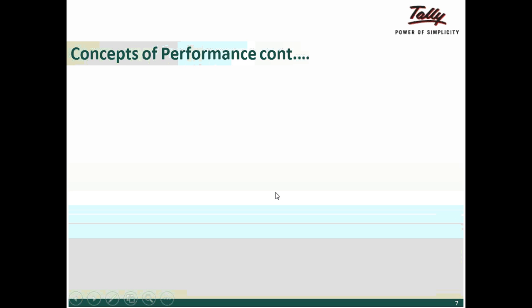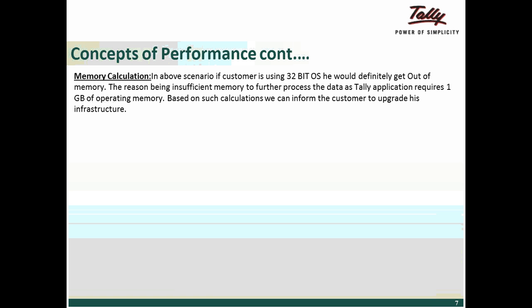Now, again, on the concept of performance, we are still continuing the memory calculation. In the above example, if the customer is using a 32-bit OS, he would definitely get out of memory. We have discussed it: since the memory is already at a borderline of 1.9 GB, it is definite that the customer will get out of memory.